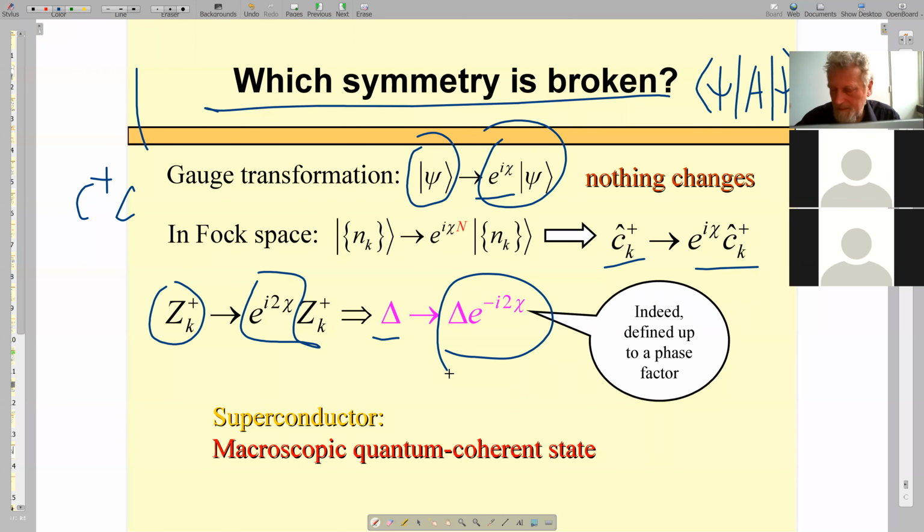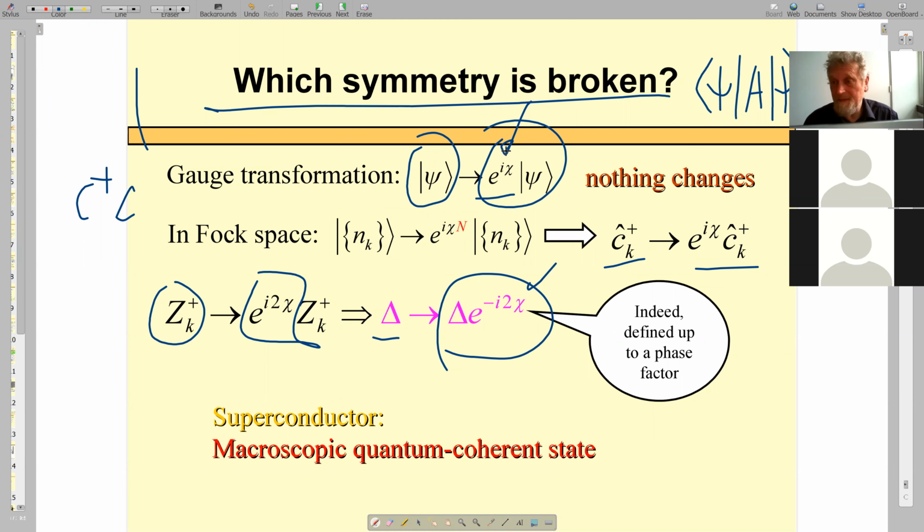It acquires a complex phase, so it really rotates if you regard this chi as a rotation angle. That means that this gauge symmetry, a very important symmetry, is broken, so the state of the superconductor is sensitive to this phase change.